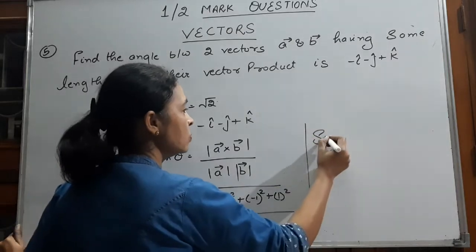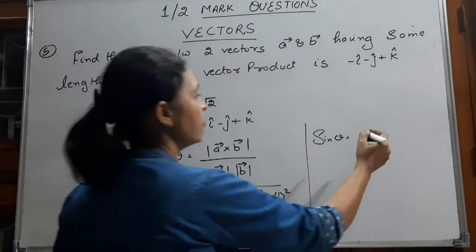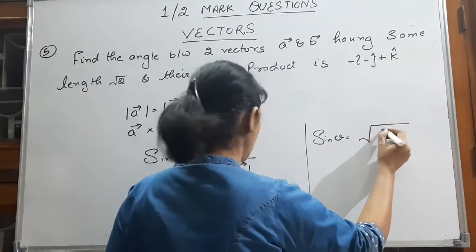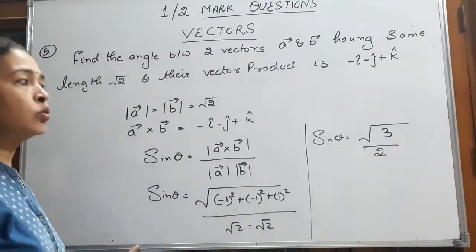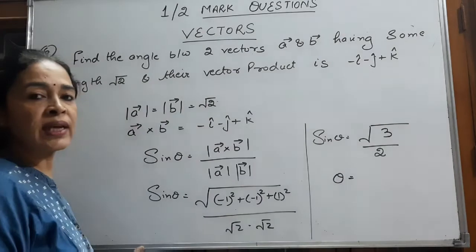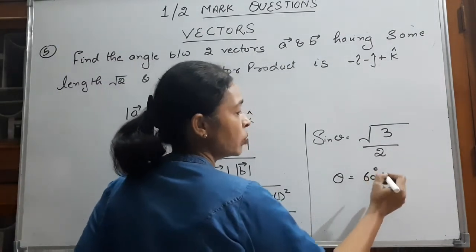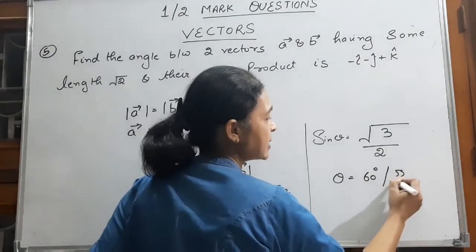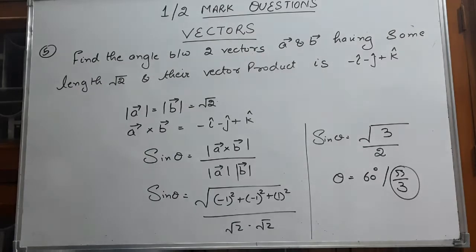We have sin theta equals, minus 1 square is 1, we have 1 plus 1 plus 1, root 3 by 2. Sin theta is root 3 by 2. What is the value of theta? Which value of sin is root 3 by 2? Sin 60 is root 3 by 2. We can write theta as 60 degrees or pi by 3, the angle between these two vectors.